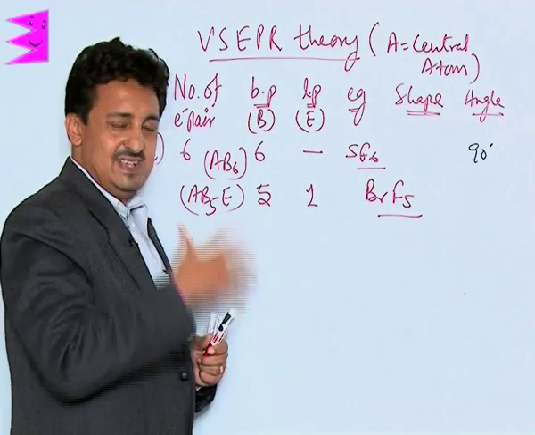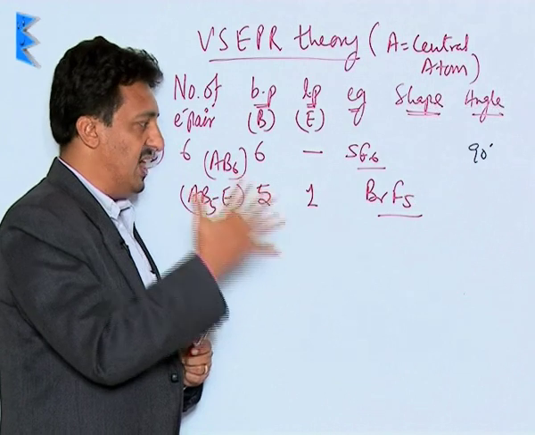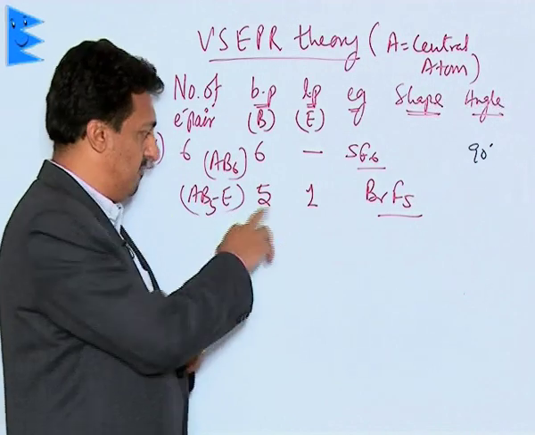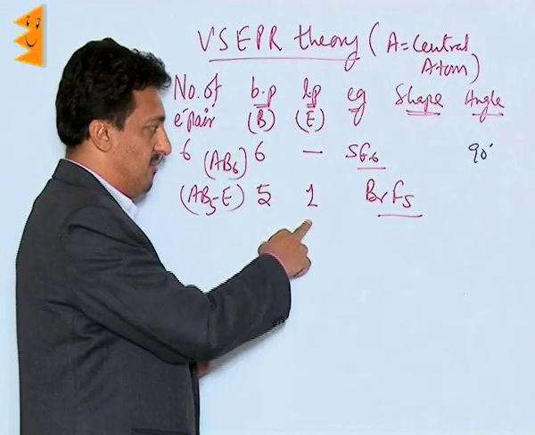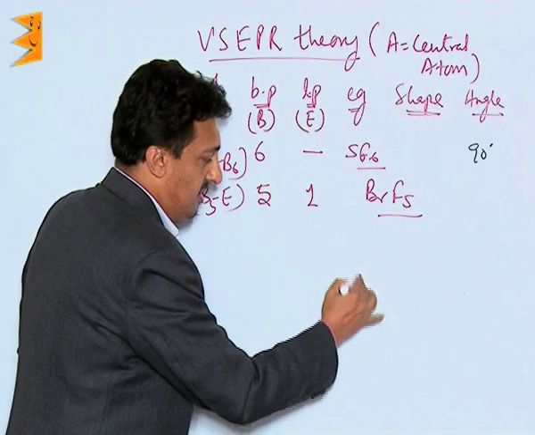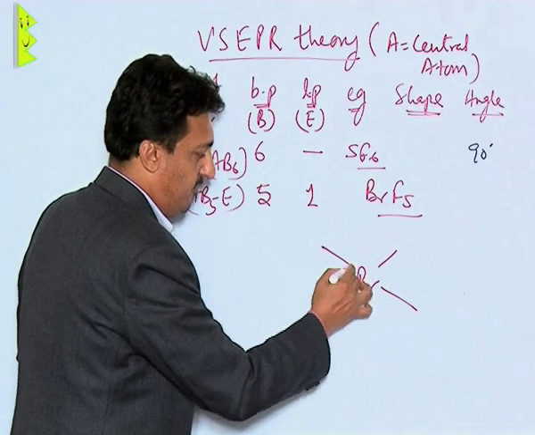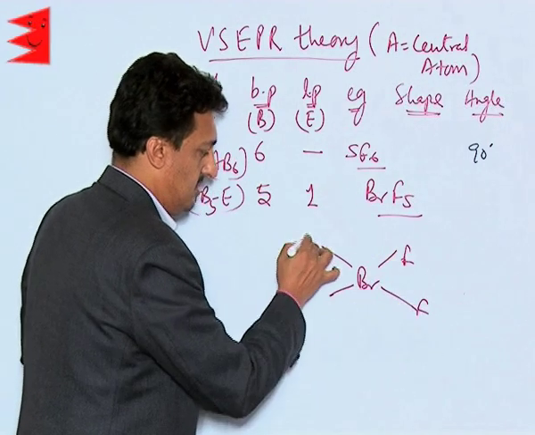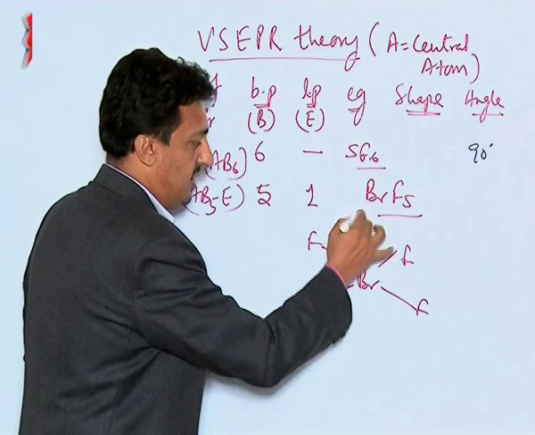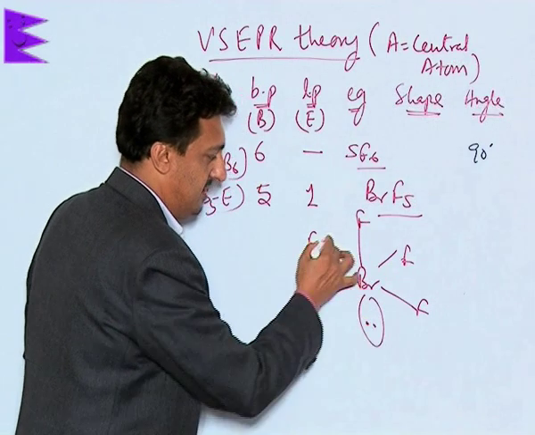Now this bromine is having 7 valence electrons, out of which 5 are with the 5 fluorine atoms, so 5 bonded pairs. 2 electrons left will make 1 lone pair. So how are these 5 arranged by the bromine? They are arranged in a square shape, 4 arranged in the square shape. 1 fluorine is on the top and 1 lone pair is at the bottom.